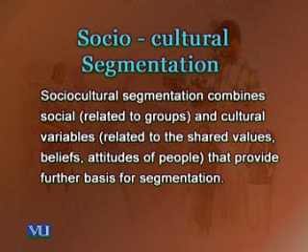Students, when we talk about the sociocultural segmentation, you just need to concentrate over the 2 words, sociocultural. When we talk about social, that means we are concerned about the groups, the kinds of groups. And when we talk about the culture, that of course means the cultural and subcultural memberships of the people into various kinds of groups.